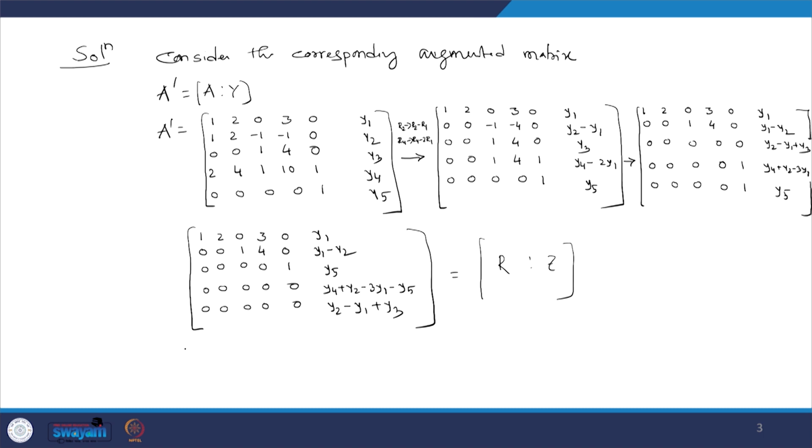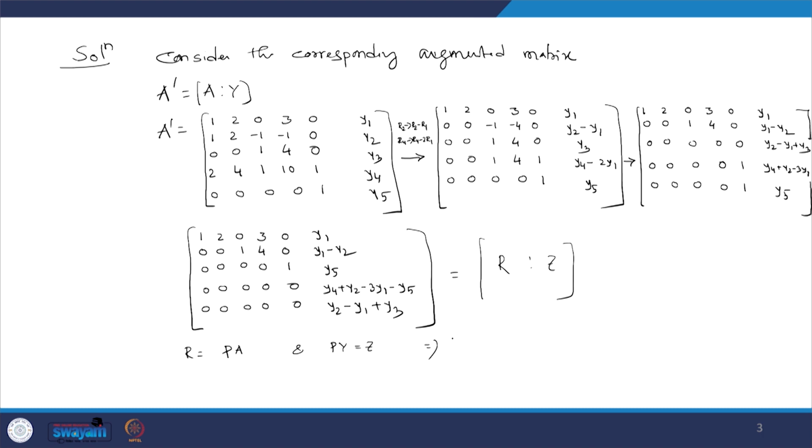Here R is obtained by a finite sequence of elementary matrices multiplied from the left side to the matrix capital A, and if I denote that by P, then P into A equals R, and P into Y equals Z.